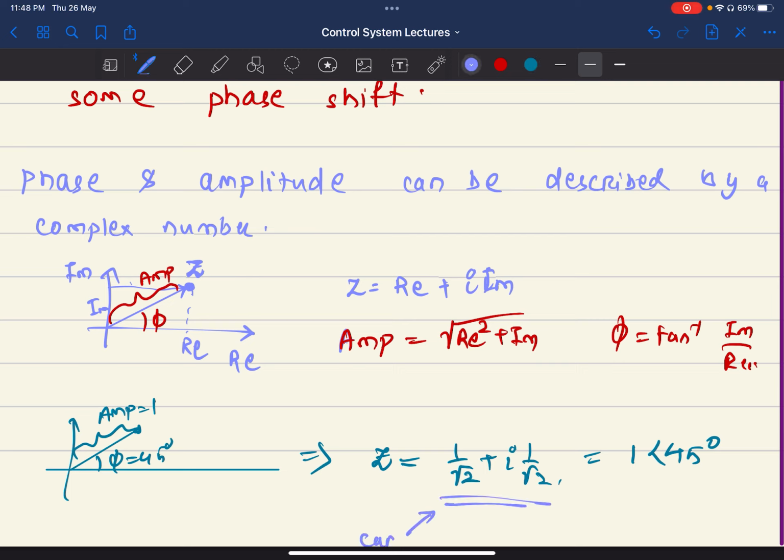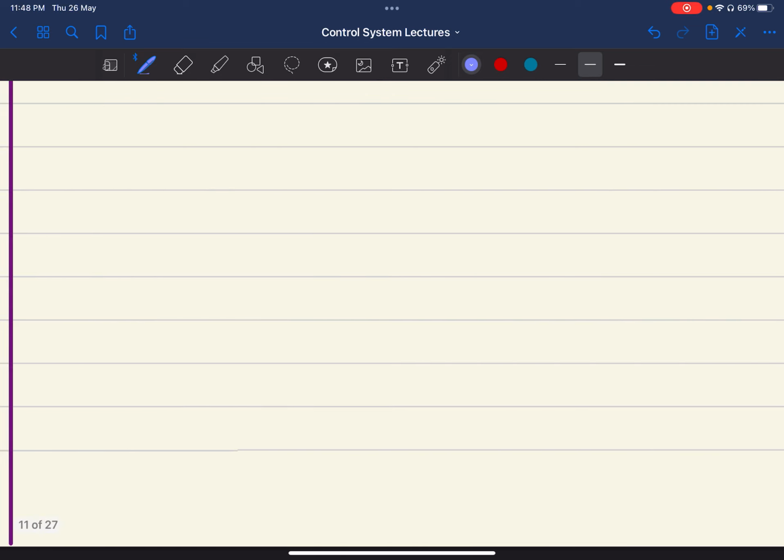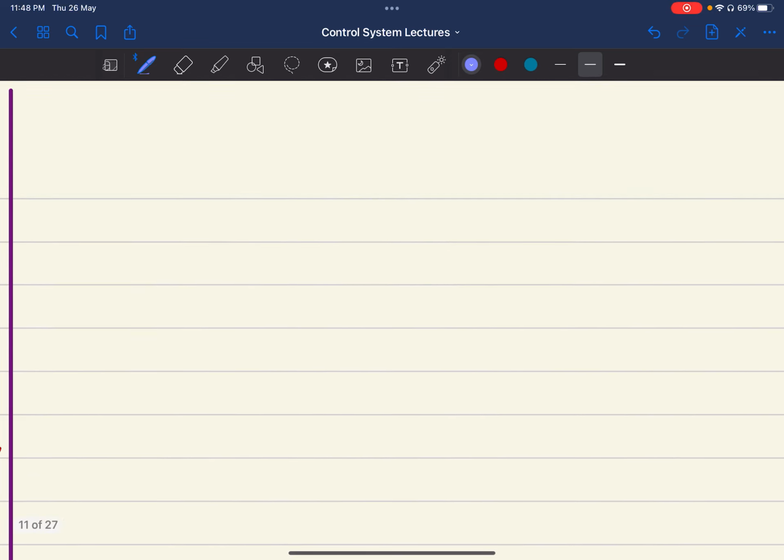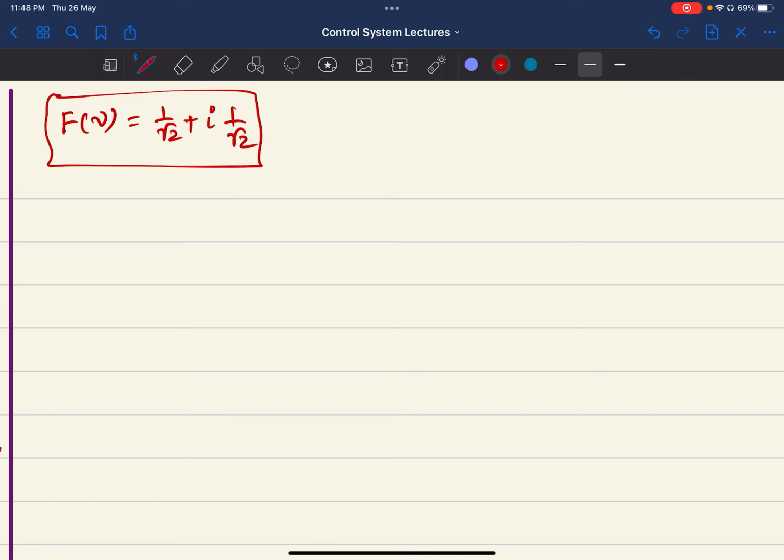Cartesian. This is polar. Okay. So my signal f nu is equal to 1 by root 2 plus I 1 by root 2. I'll just box it.